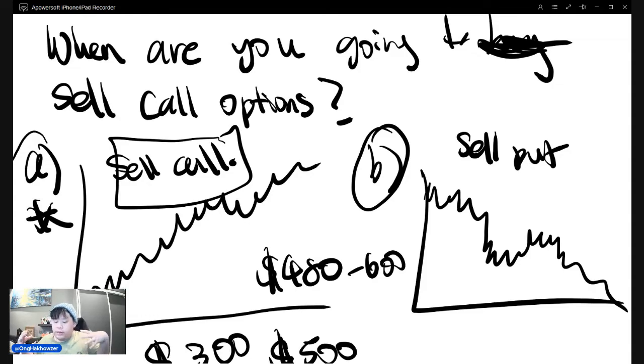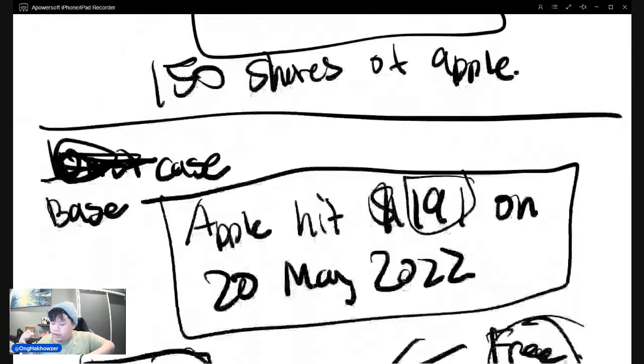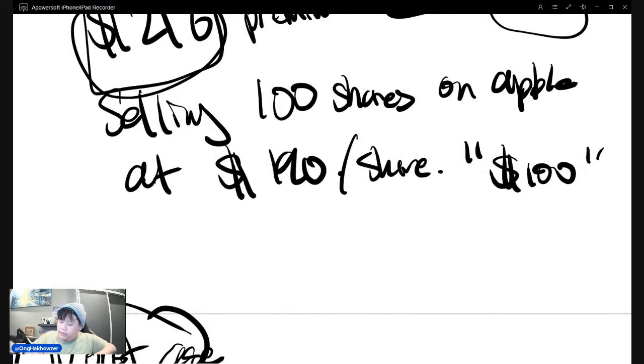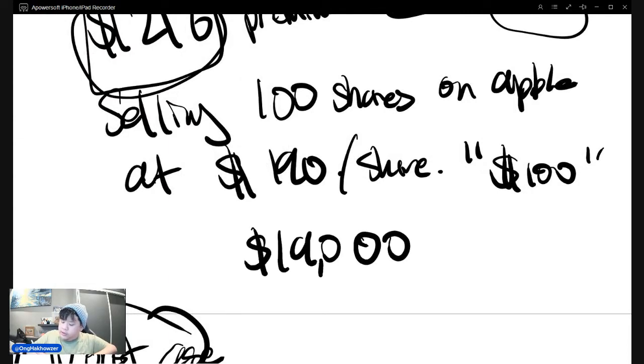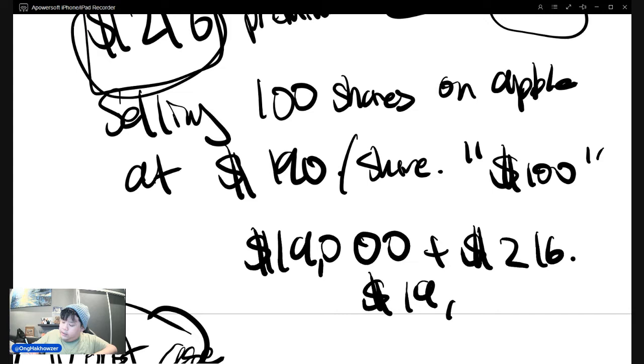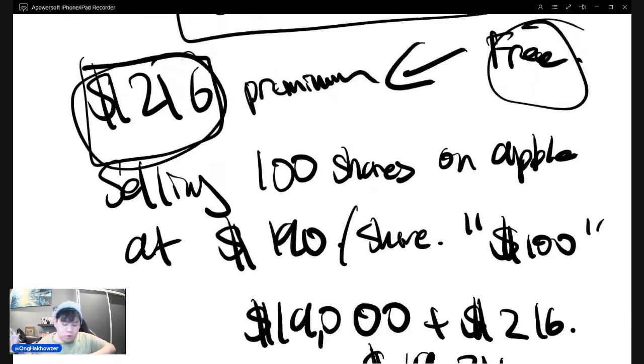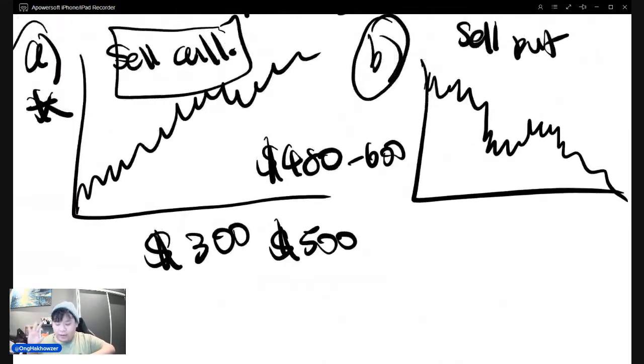So now that you already have this additional money, you have an additional $19,000 plus $216, so you have an additional $19,216. What you're going to do is hold on to this money and not do anything yet.